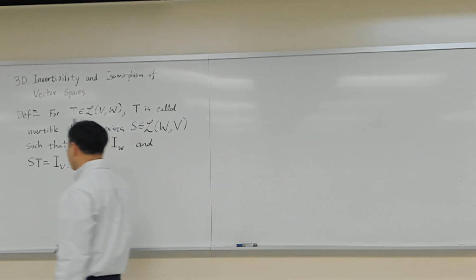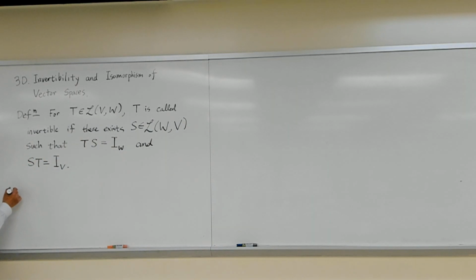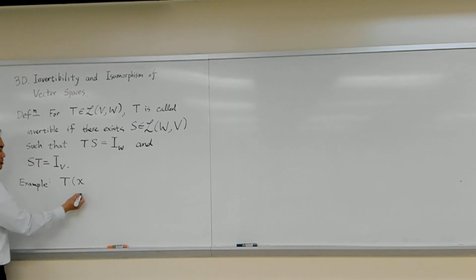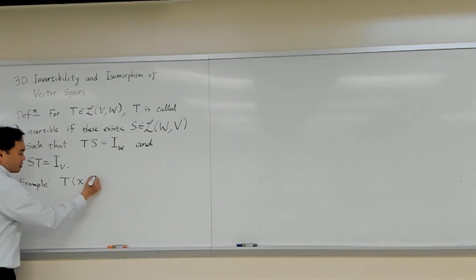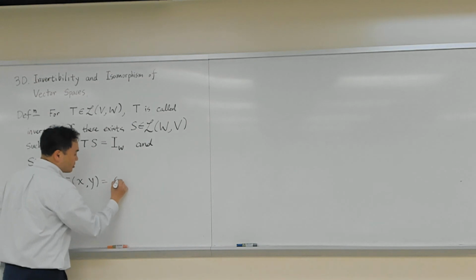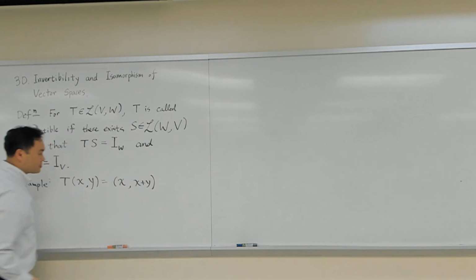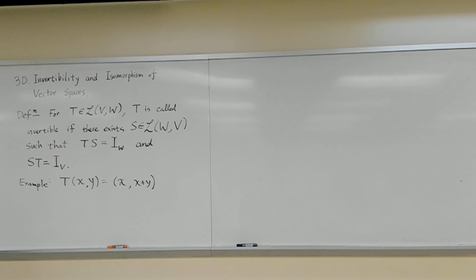So for example, let's say T is from R2 to R2 such that (x, y) is sent to (x, x plus y). Okay. Now I claim that this is an invertible map.